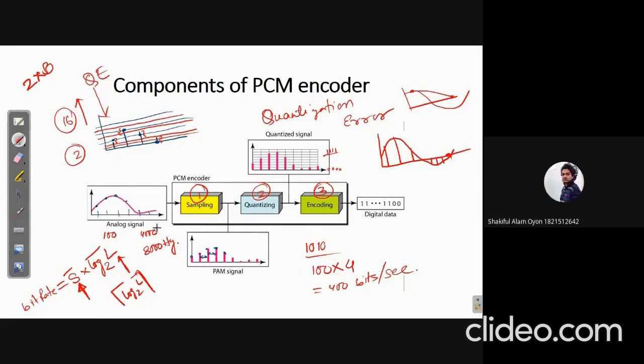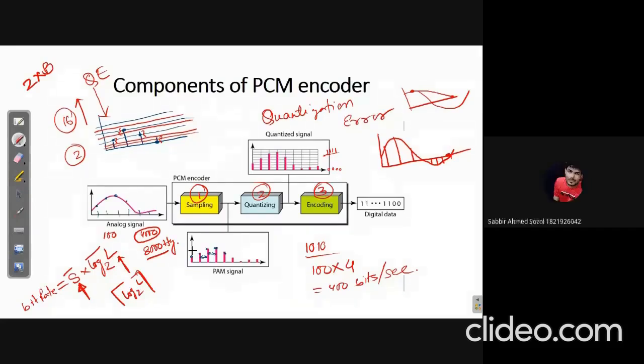So if you sample at twice the highest frequency, that is 8000 hertz, that is good enough. We don't need to sample more than that. If the sampling rate is twice the highest frequency, that is good enough to reconstruct the signal.